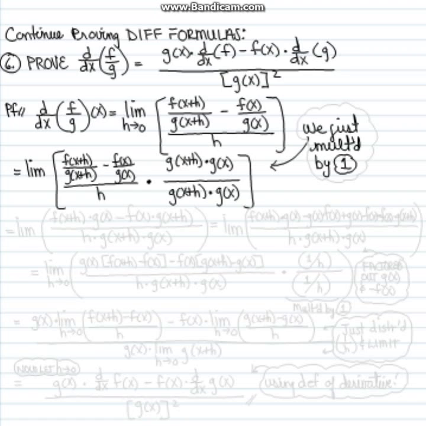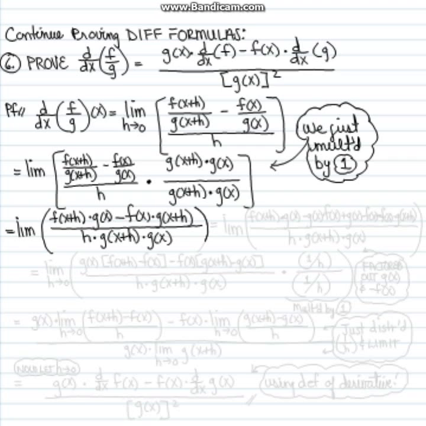All right, now let's mix it in. We're going to distribute this multiplication across the top and leave it on the bottom too. That gives us a limit of f of x plus h times g of x minus f of x times g of x plus h, all over h times g of x plus h times g of x.